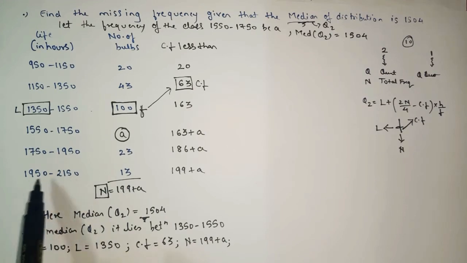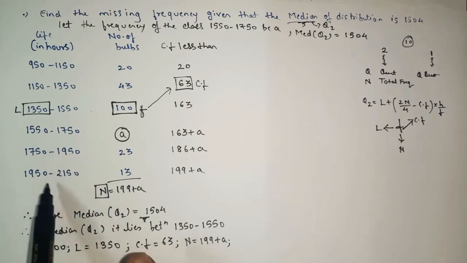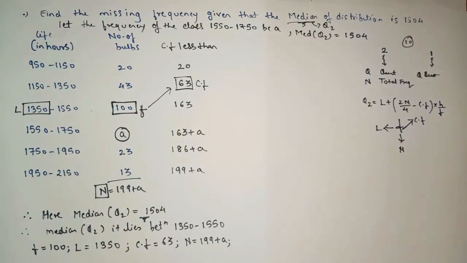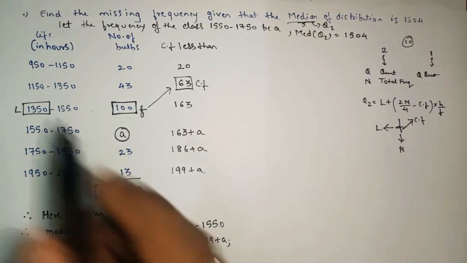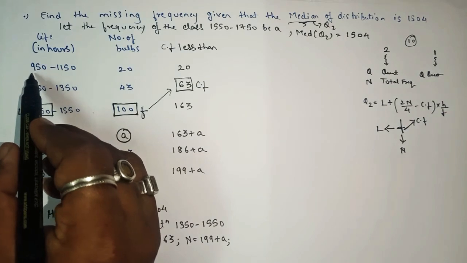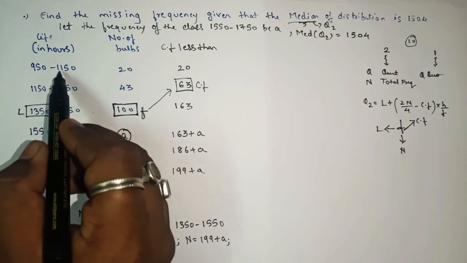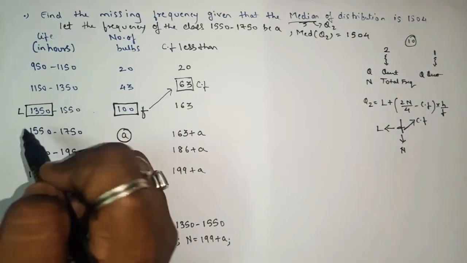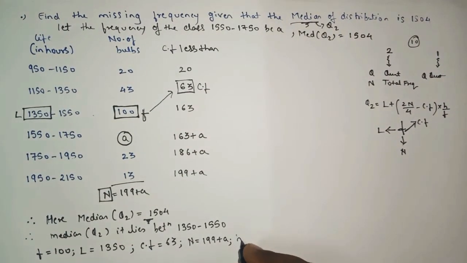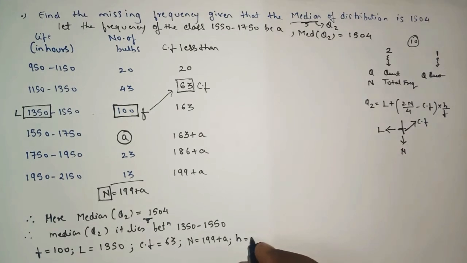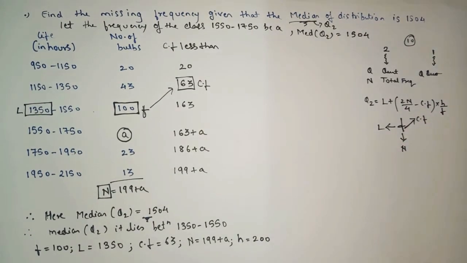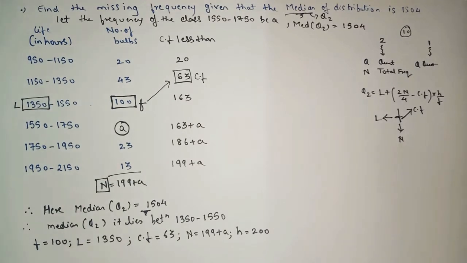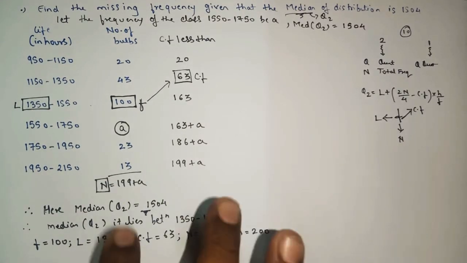Clearly we can see the difference between the lower limit and upper limit, and like this also it comes to 200. Yes or no? So if you add this 200 to this number, you will get 1150. So clearly we can see the difference between each class is what? 200. That is known as the width of the class. Okay, so here we got all the values with the help of the median.